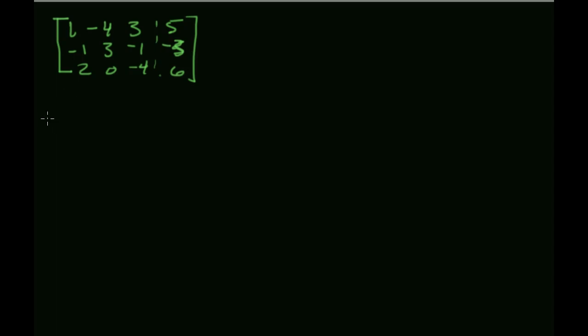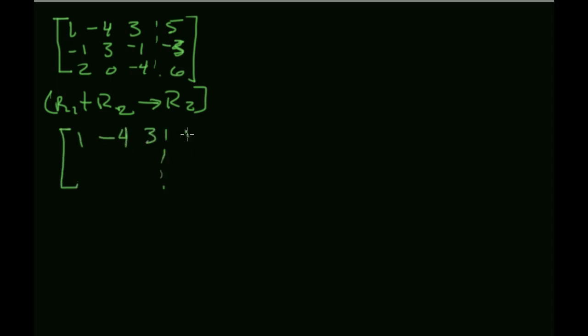So if I simply add row 1 to row 2 and replace row 2 with that, row 1 is going to stay the same, 1, negative 4, 3, 5. And then adding to row 2, this becomes 0, negative 1, 2, 2, and then 2, 0, negative 4, 6.